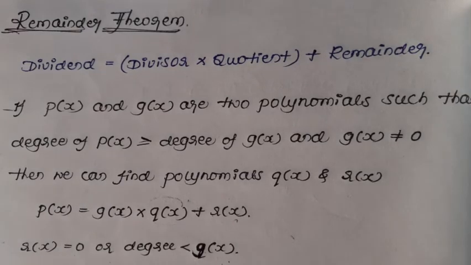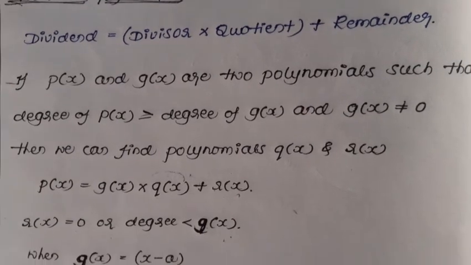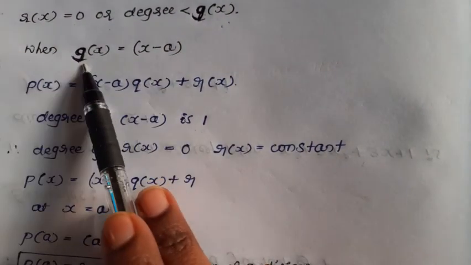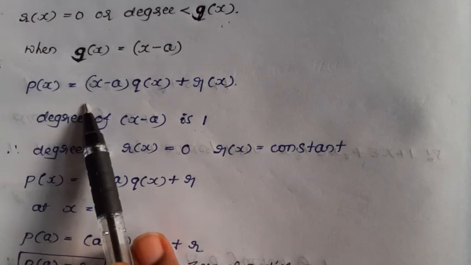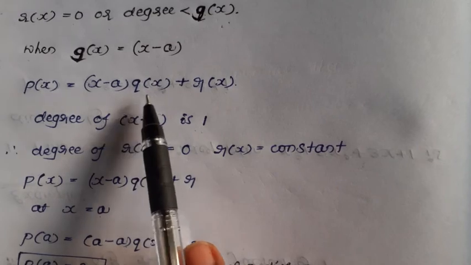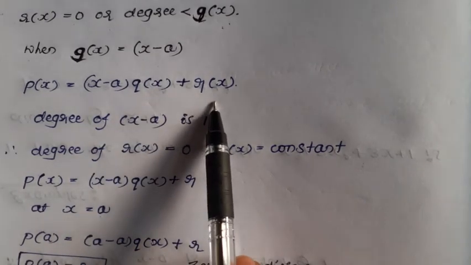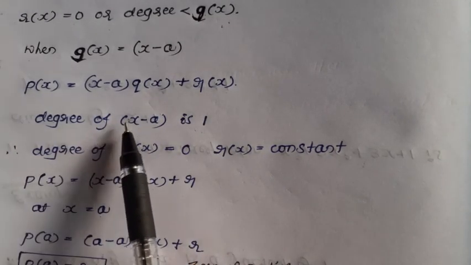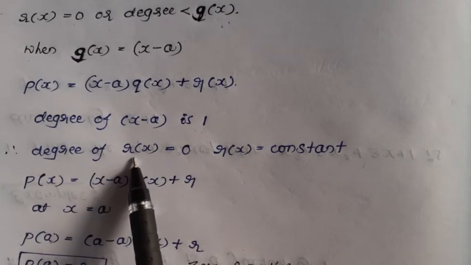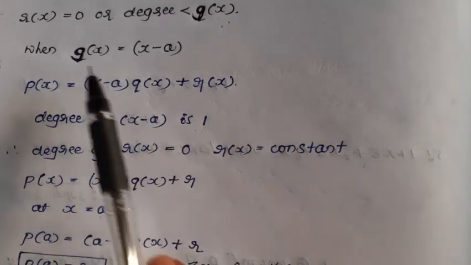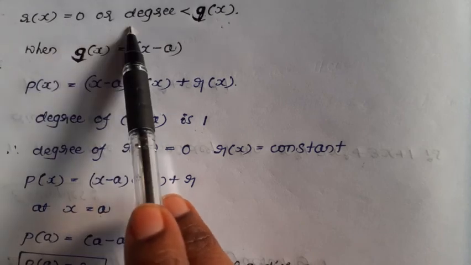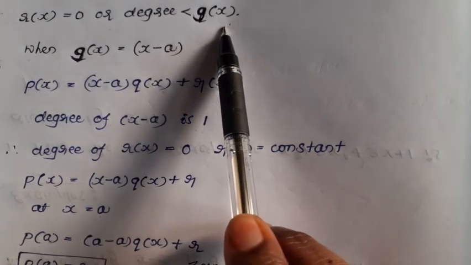Then when we divide the polynomial by the linear polynomial g of x, it becomes p of x is equal to x minus a into q of x plus r of x, where q of x is the quotient and r of x is the remainder. Since the degree of the linear polynomial is 1, the degree of the remainder polynomial becomes 0, because the degree of r of x will be less than that of g of x.